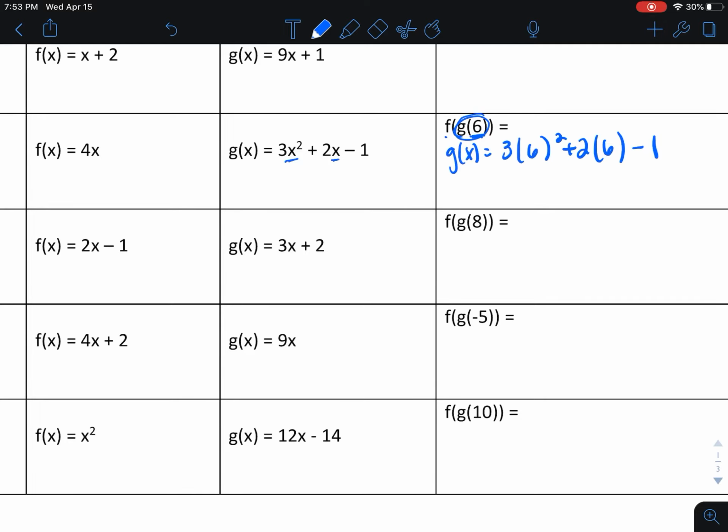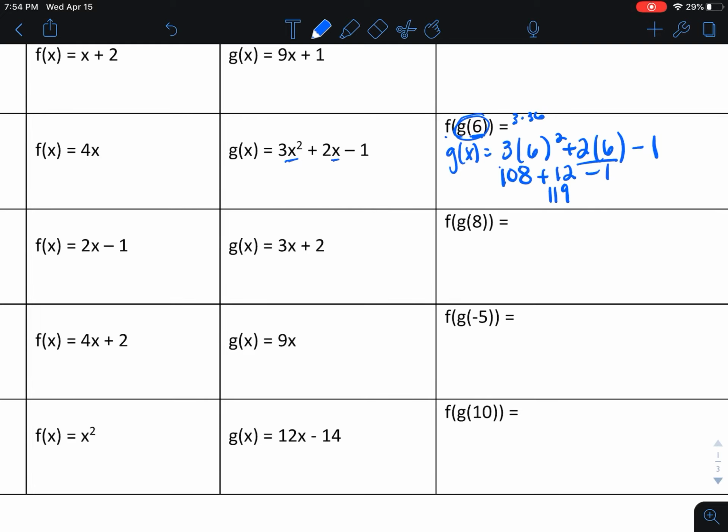So 6 squared gives me 36. 36 times 3 gives me 108. 2 times 6 gives me 12, and then minus 1. When I work that out, it ends up giving me 119. So when I plug 6 into the g function, I get 119.